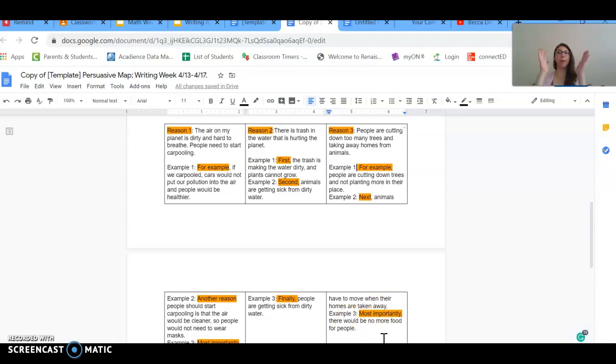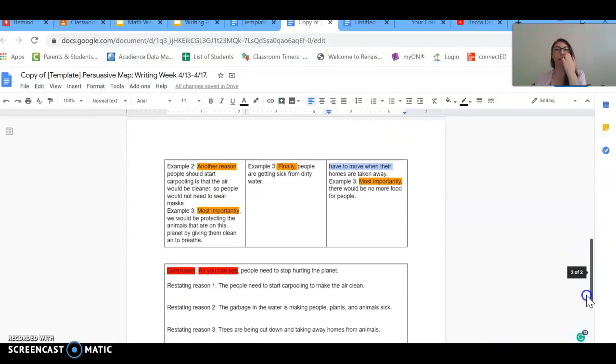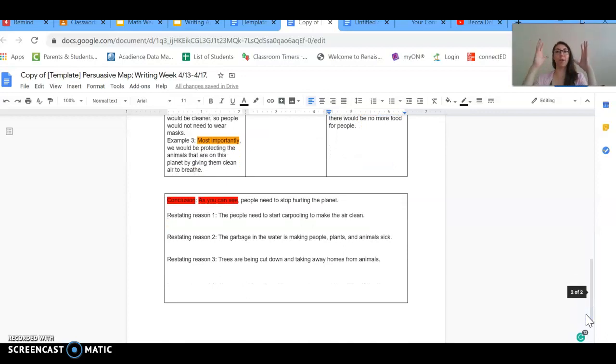Okay, the big idea is that when people cut down trees, there's no homes for animals, animals have to move away, and there's no food for people. So, I'm taking that big idea and squishing it into one sentence, and I'm saying trees are being cut down and taking away homes from animals.